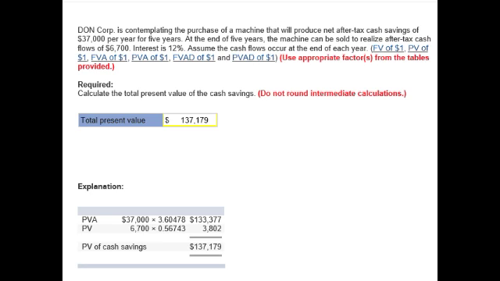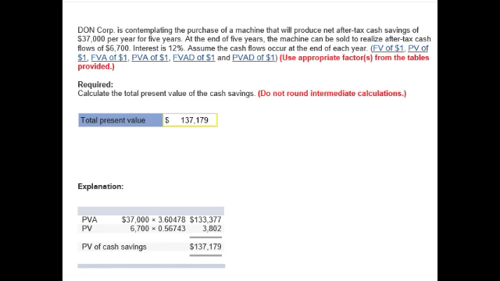If you read the textbook carefully, you should know by now that when there's a cash flow going in or out consistently in the same period, in this case every year, then you know right away that you should be using an annuity table. Then we need to decide, is it a present value annuity or a future value annuity? So let's continue to read this question.